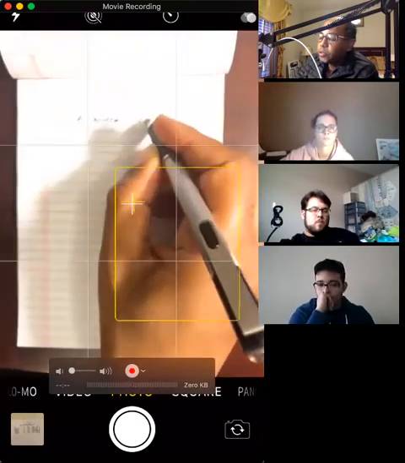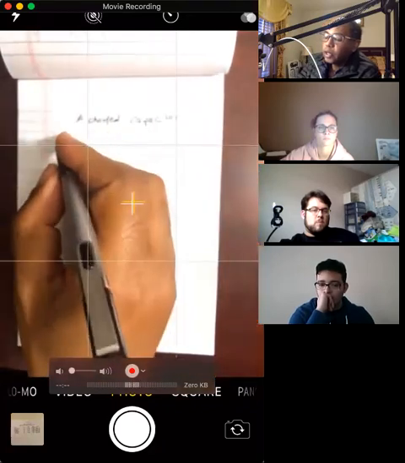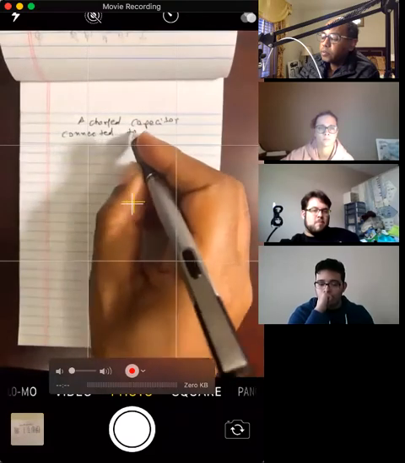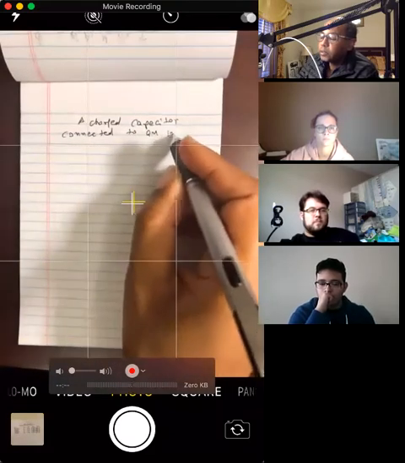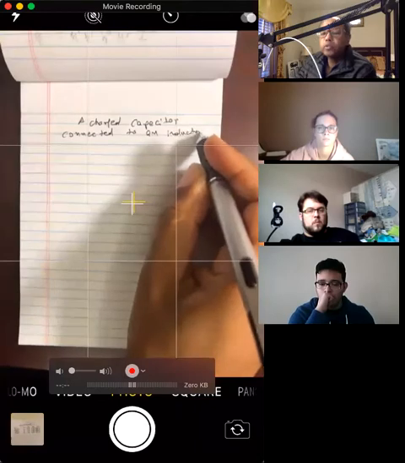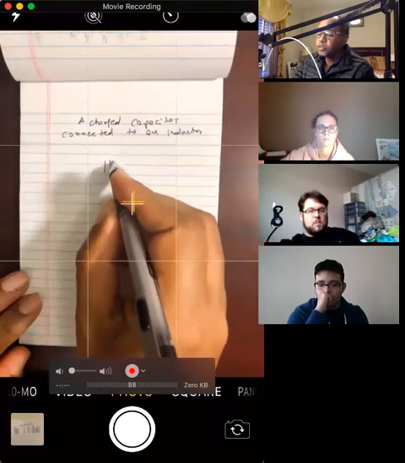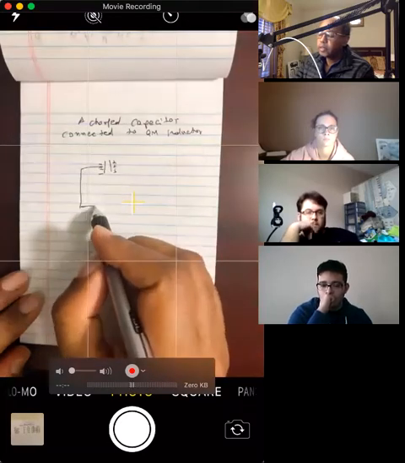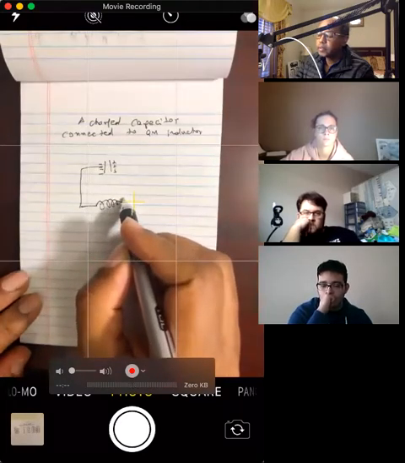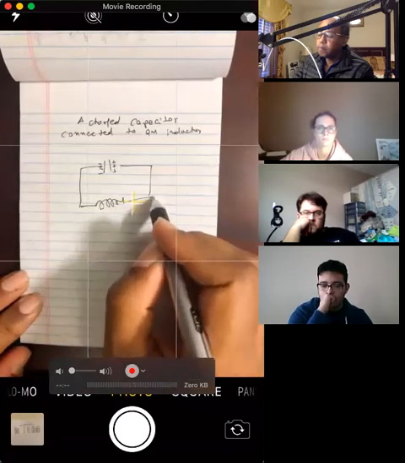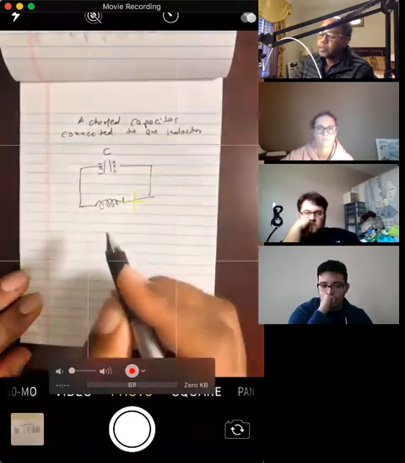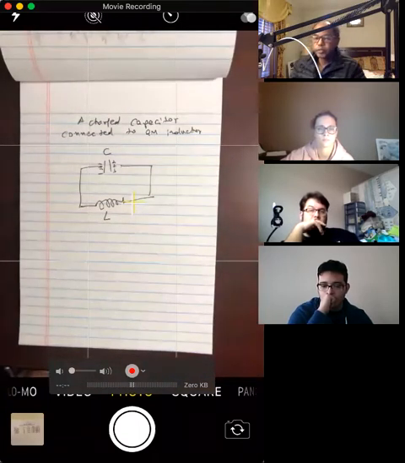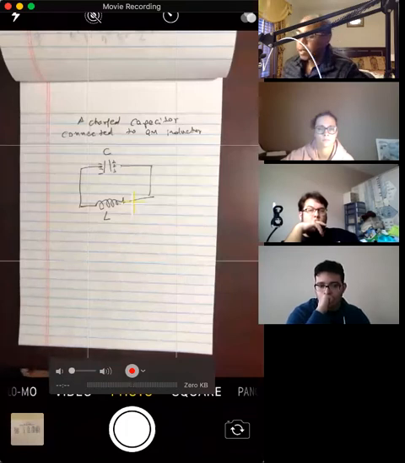First you charge the capacitor, and then you connect it to an inductor. Let's say the capacitance of the capacitor is C, and the inductance is L. We want to study the properties of this circuit. It's a very interesting property.